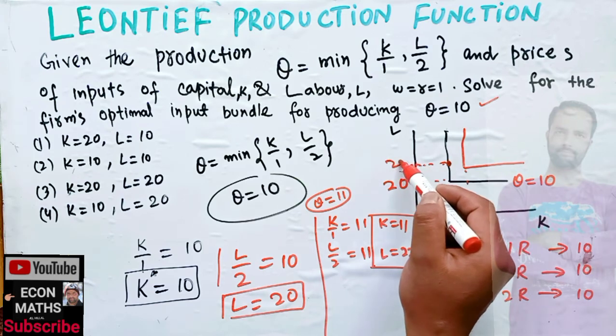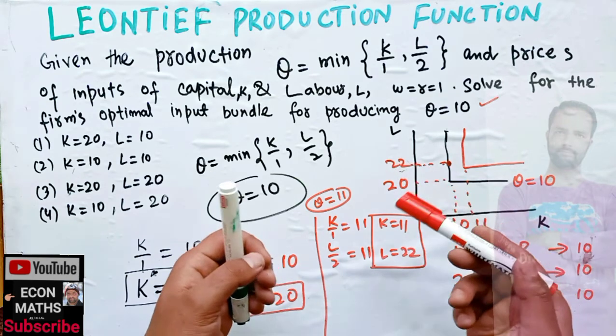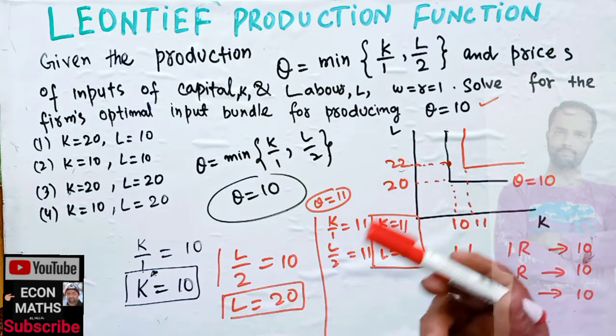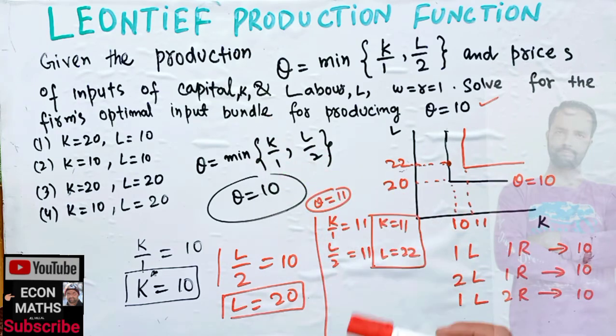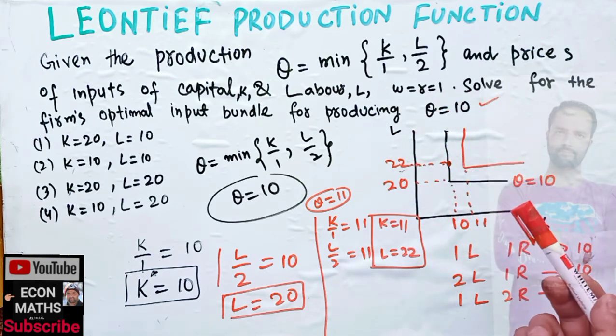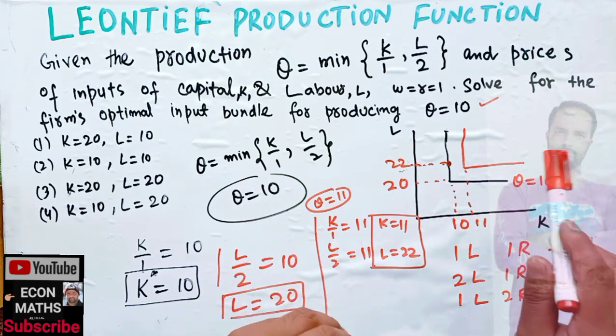So the idea is the same in this Leontief production function. To find the optimal inputs, just equate whatever is in the brackets with the output that we need to produce. And here we can see also that there is no input substitution.